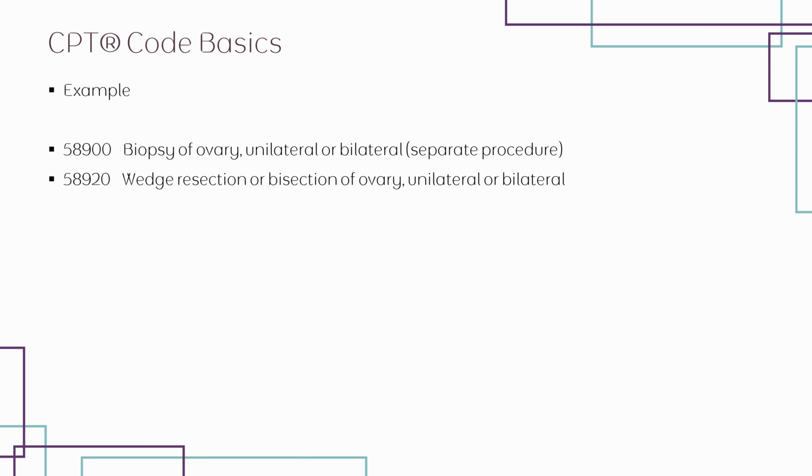In that case, reporting both 58900 and 58920 would be considered unbundling because the biopsy would be considered inclusive to the wedge resection. If you were to submit both codes together, 58900 would likely be denied as it would be unbundled into 58920.